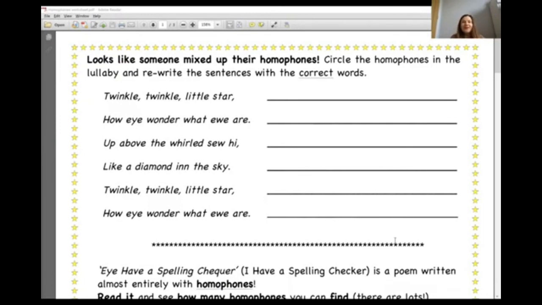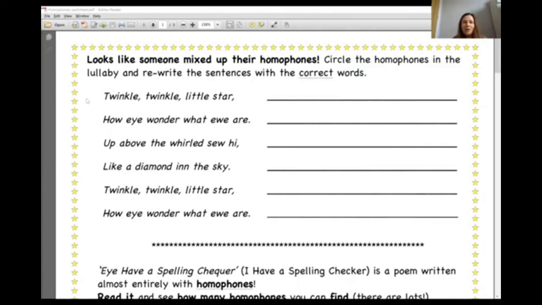So now, the activity for today is a bit long, so you don't need to do the whole thing. Choose what you like to do, but here you can have a little bit of fun. So read the poem. This is a poem, Twinkle, Twinkle, Little Star. And then have a look at which words are misspelled, so they're not spelled correctly.